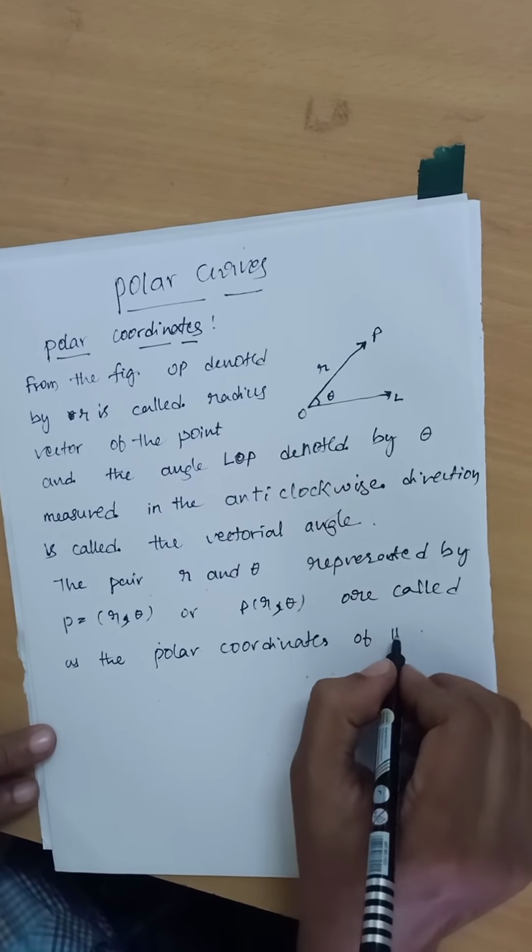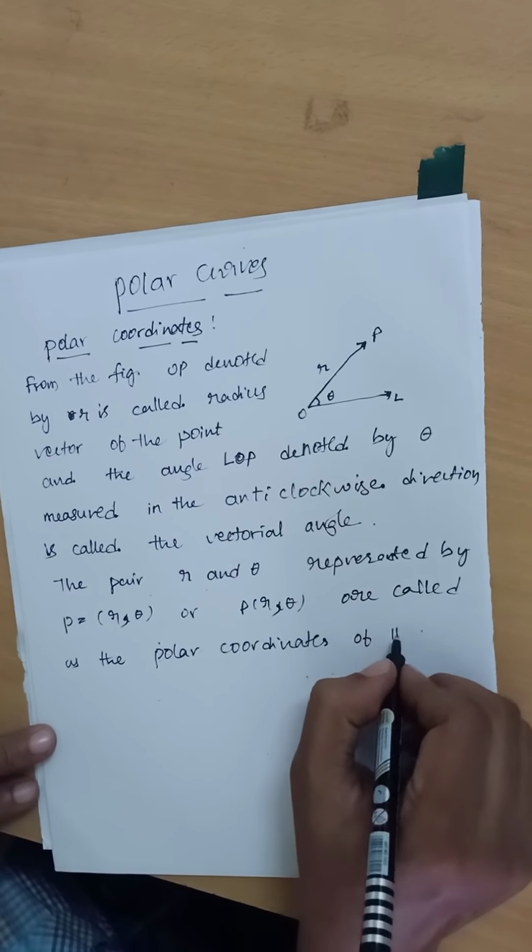Here r is positive and theta lies between 0 and 2 pi.